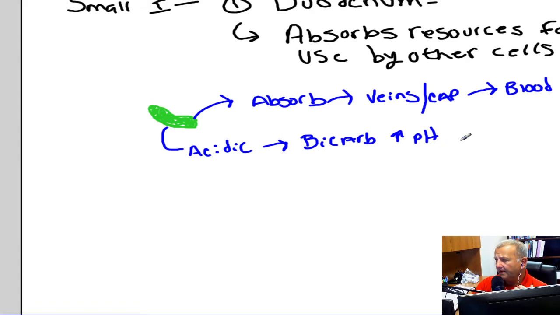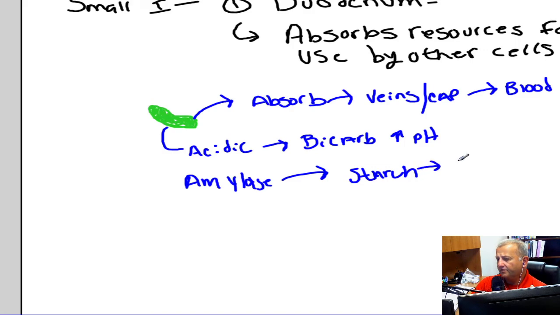All right, and then it's going to get a little more help because it's going to get something called amylase from the pancreas. It's an enzyme. And all this is going to do is take starch and turn it into sugar, because the body's cells love sugar, so we're going to provide that through that enzyme.